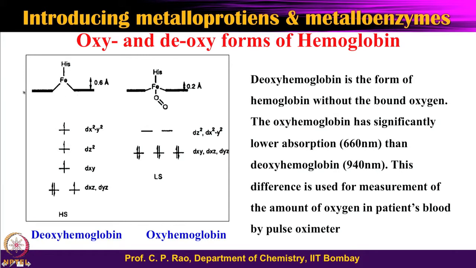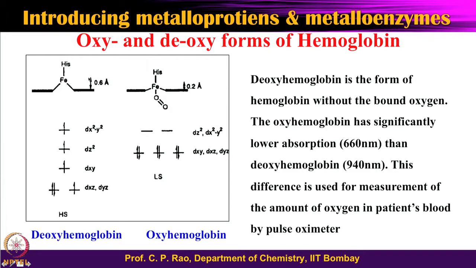So, the porphyrin plane is in line, and the iron is a bit above that. It is showing around 0.6 angstrom above the cavity of the heme. Now, if you put the oxygen, the iron is still above, but not as much, about 0.2 angstrom. So, almost 0.4 angstrom drop has happened from its plane.